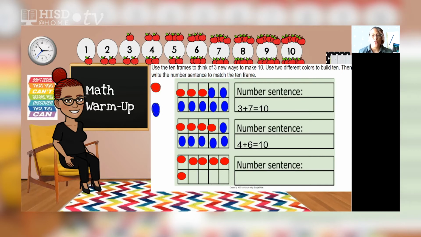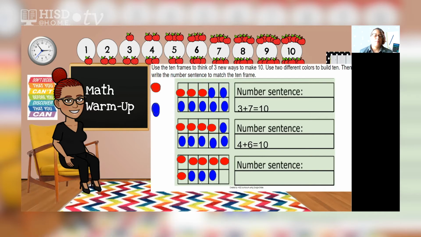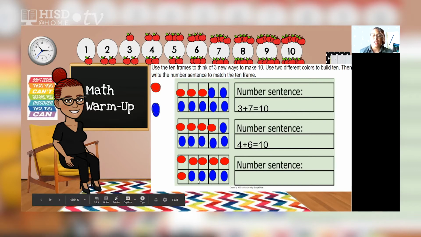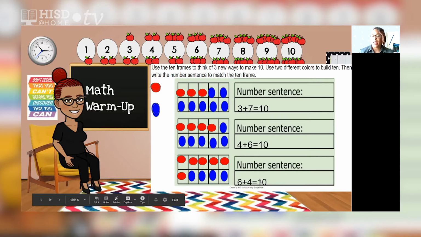You're going to need 4 blue counters to make the number 10. So that lets me know that I can put together 6 and 4 to create the number 10. So my number sentence would say 6 plus 4 equals 10. Great job, boys and girls.